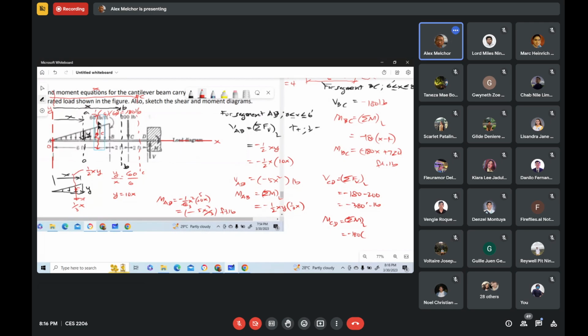What is the moment arm? From that force to that section there. That is x minus the distance 4, right? x minus 4. Okay. And then the moment of that force about that axis perpendicular to that exploratory section.